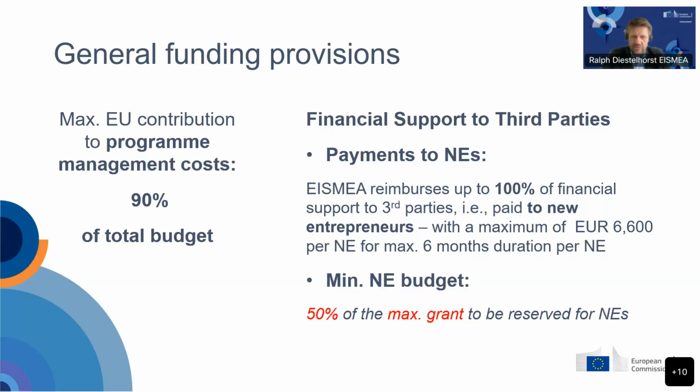If it's above 50, we'll be very happy, because it means that the end user of the program benefits proportionally more from the project than the people who do the job, in fact. These are the general funding provisions. Let's move to the next slide.